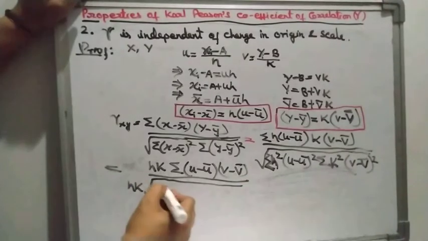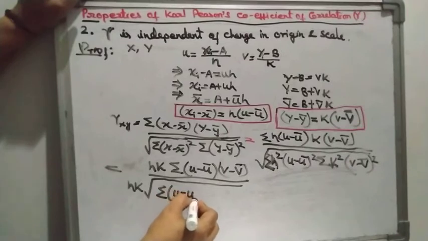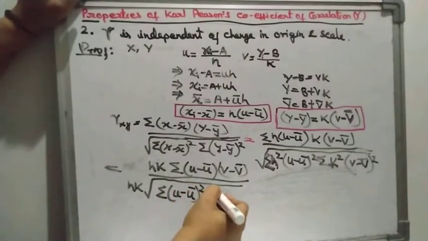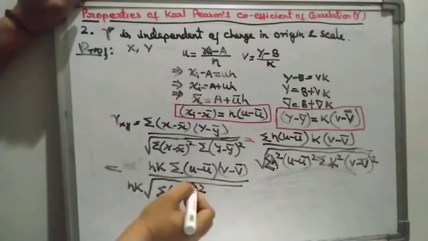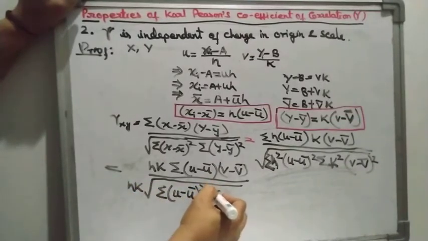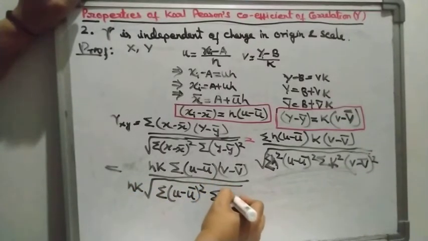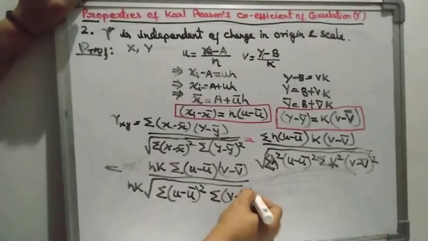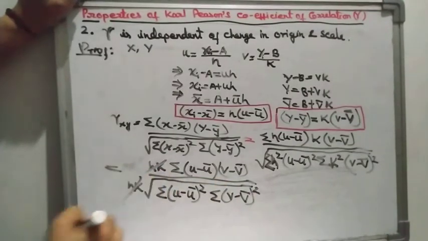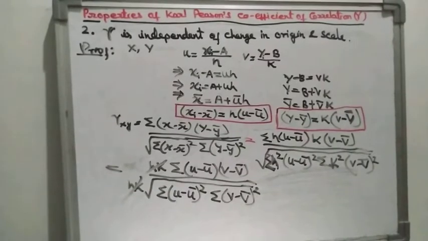And inside it is summation u minus u bar whole square and summation v minus v bar whole square. Now this will cancel. Now look at the formula.